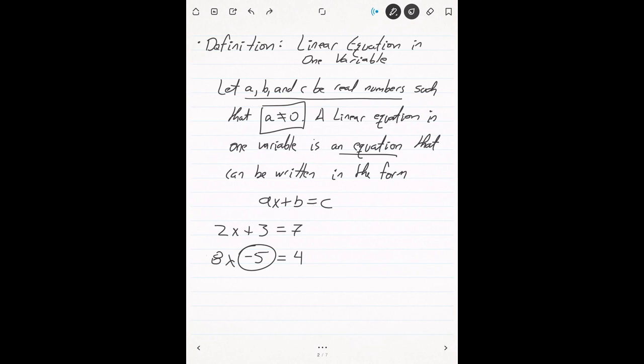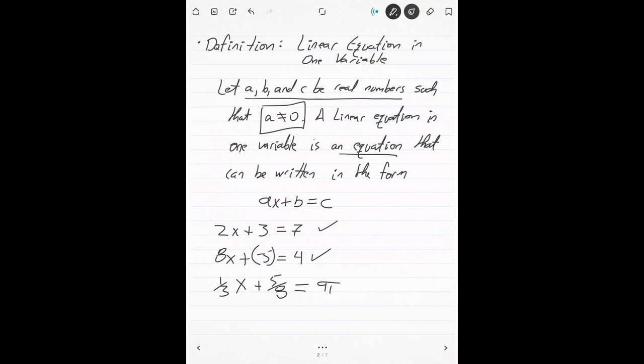Well, hopefully you're saying to yourself, wait a minute. This whole 8x minus 5 is the same thing as 8x plus negative 5. And negative 5 is a real number. So yeah, this is also a linear equation. Maybe let's take some fractions here. 1/3 times x plus 5/8 equals pi. I don't know.